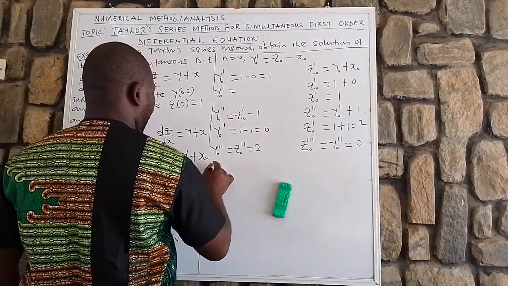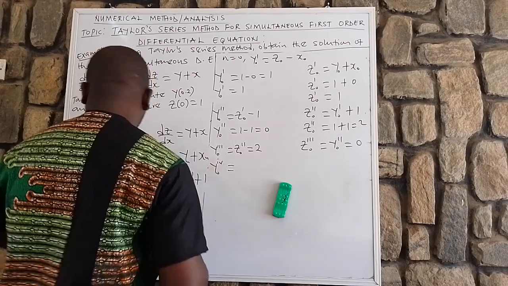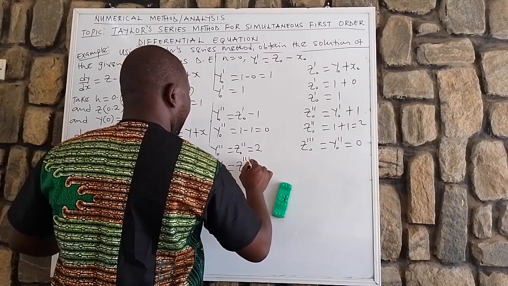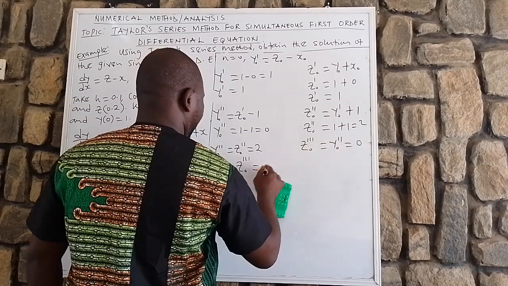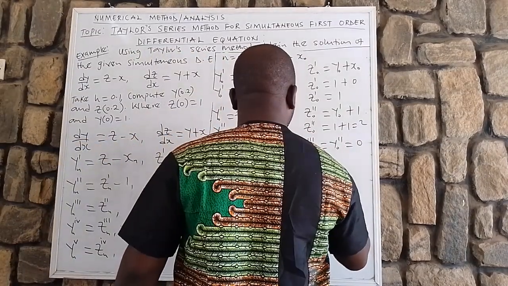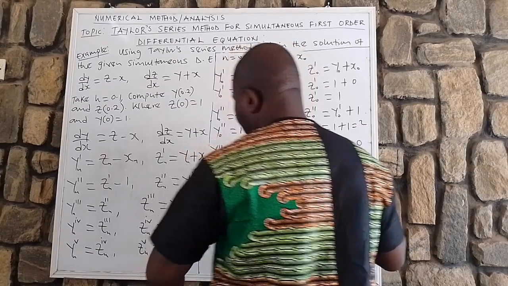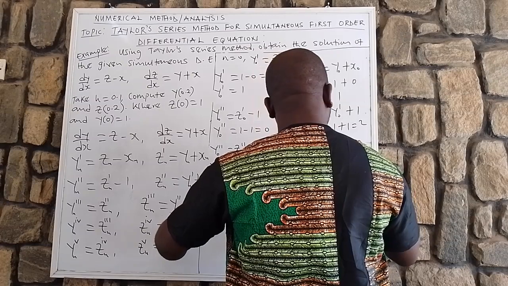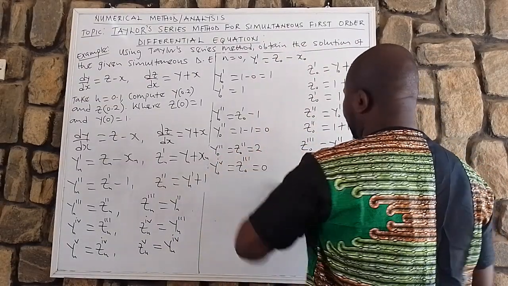Then y iv naught is equal to z prime naught. What is z prime naught? Z prime naught is 0, isn't it? Then z iv naught is equal to what? Y prime naught. What is y prime naught? It is 2, equal to 2.